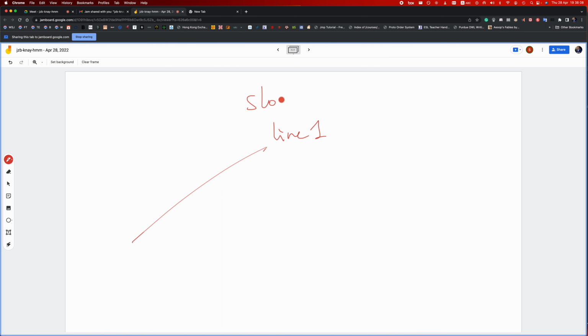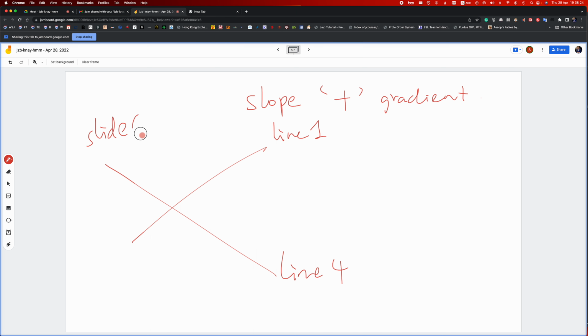Just now you said this is a slope, so I'm supposed to have a positive gradient. Then you have line 4. This line 4 is a slide, right? Then you are supposed to have a negative gradient. Does it make sense?